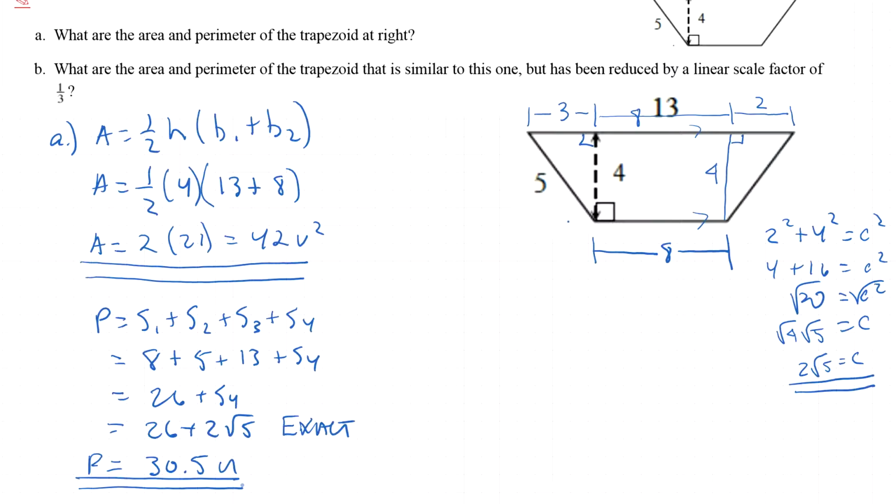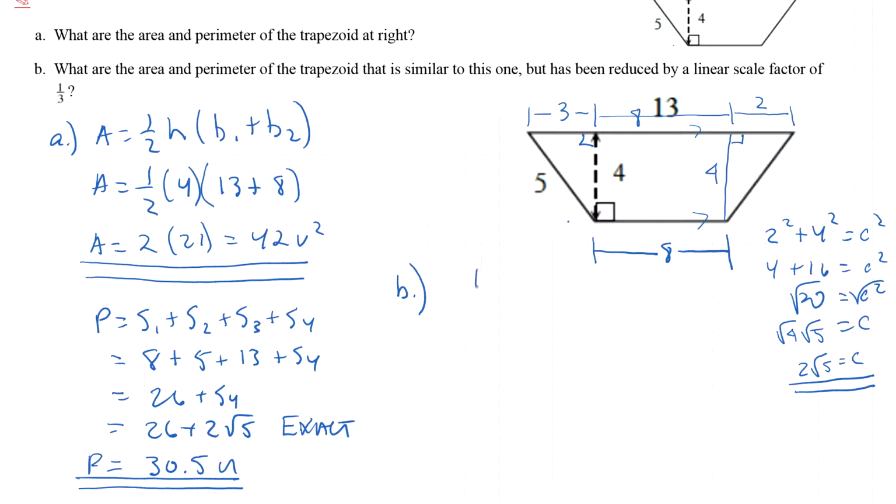So now the last part of the question says, what are the area and the perimeter of the trapezoid that is similar to this one, but has been reduced by a linear scale factor of 1/3. So this shape is getting smaller, and what we learned from the lessons before is that the ratio of the perimeters is the same as the ratio of the scale factor.